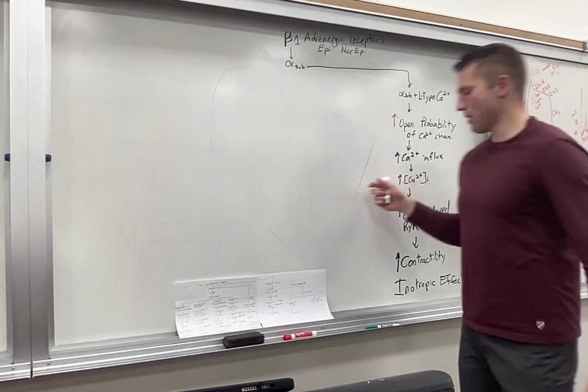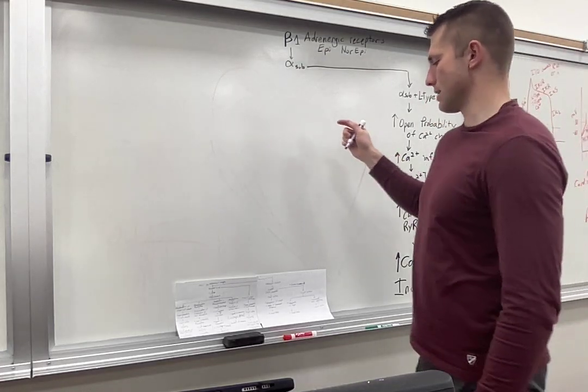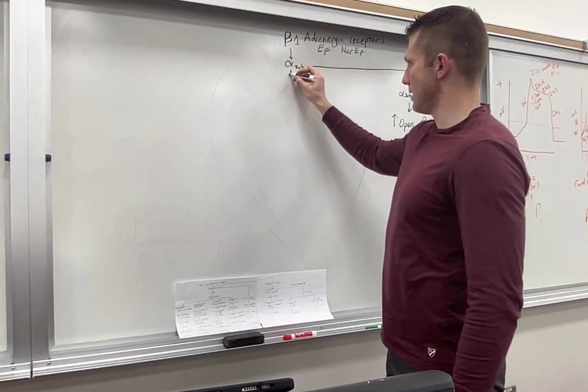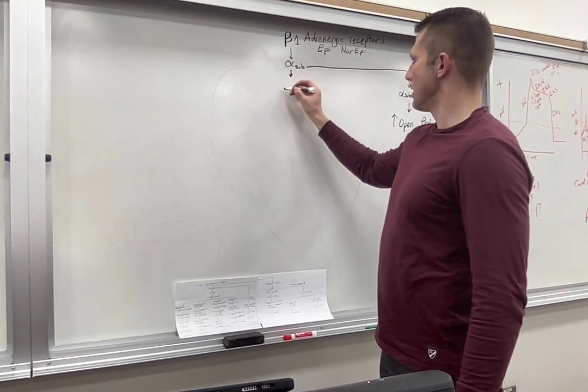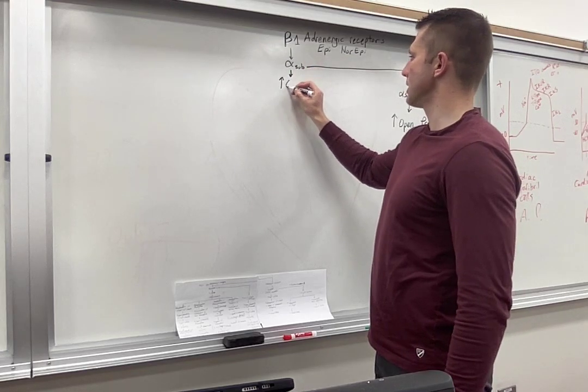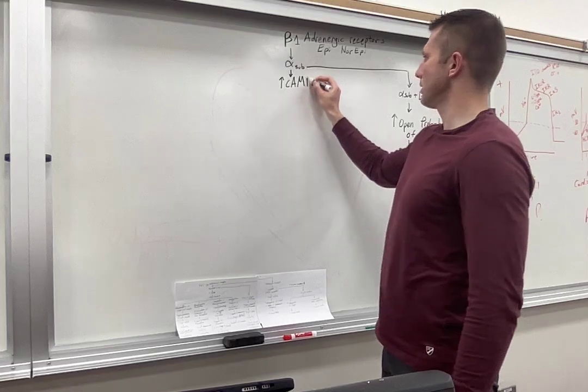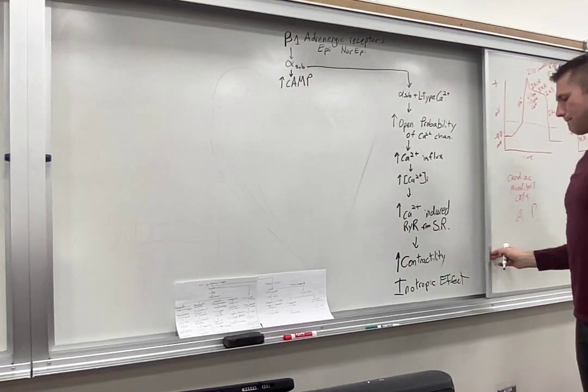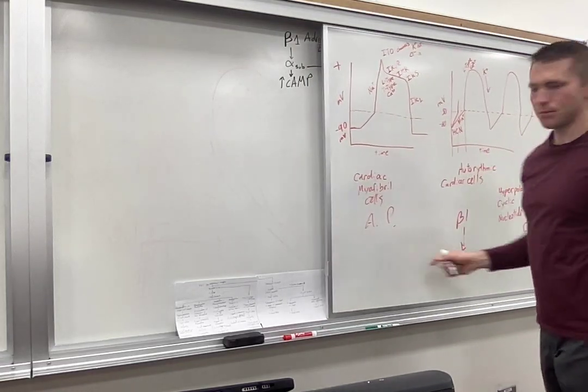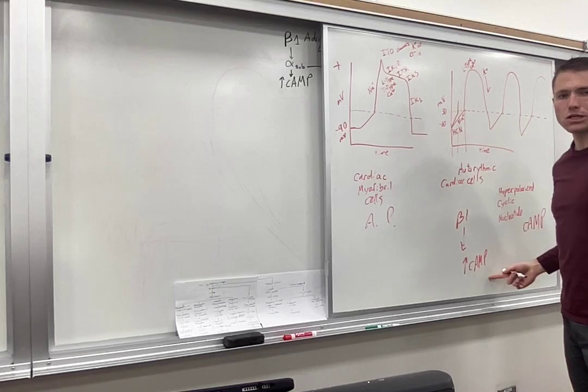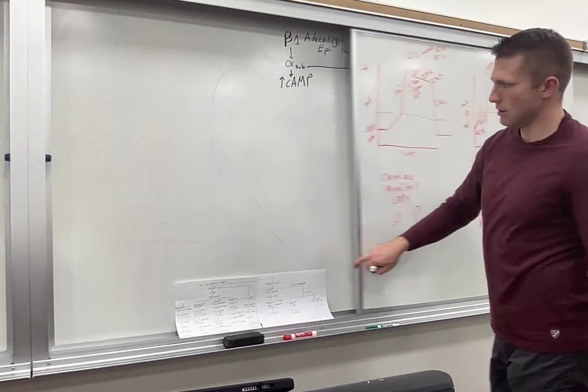Inotropic. Okay. The next thing that the alpha subunit is going to do is cause an increase in cyclic AMP. Remember how beta 1 just causes cyclic AMP? This is how.